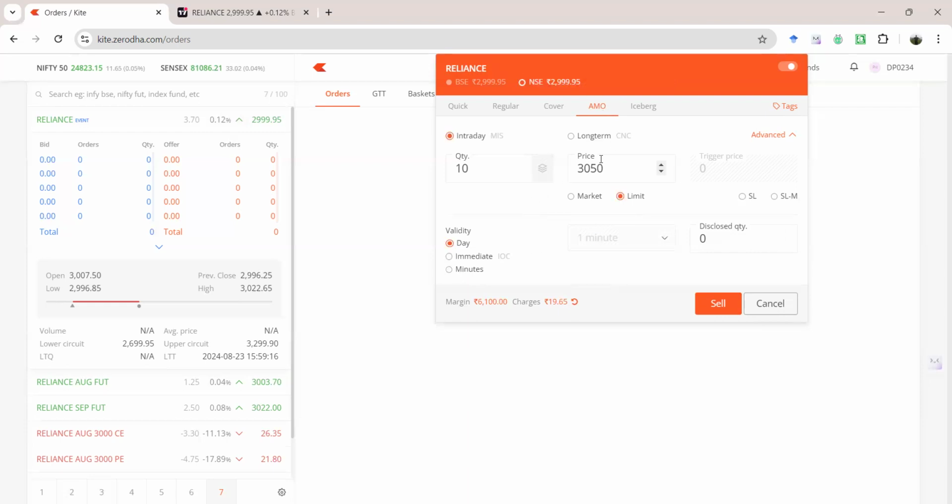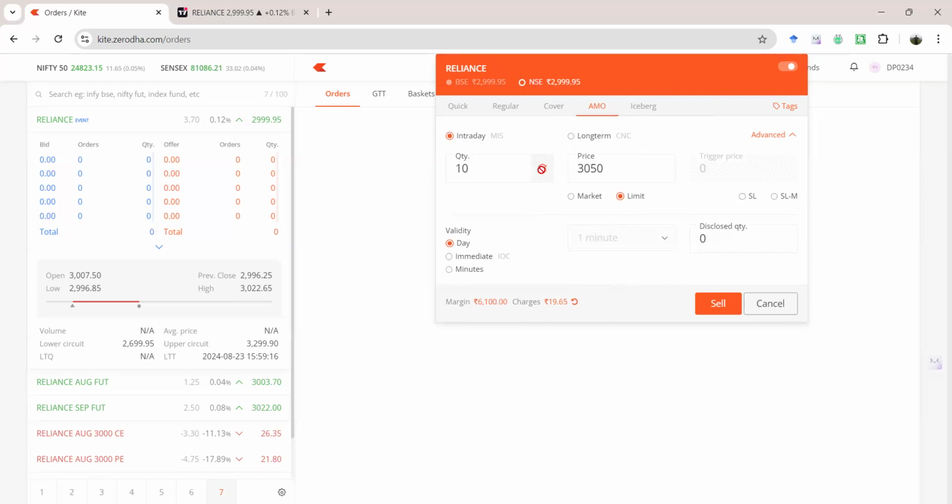We can use intraday or we can use long term. So if we use long term, portfolio shares will be sold or bought. So you can use this aftermarket order, and the order will get executed within the first 8 minutes, 9 to 9:08.